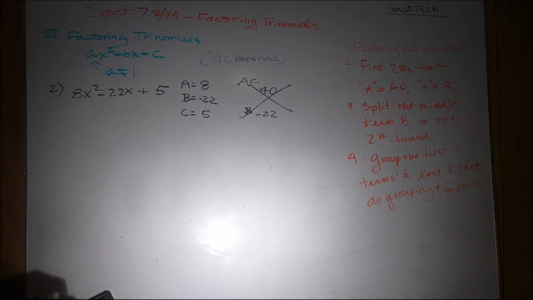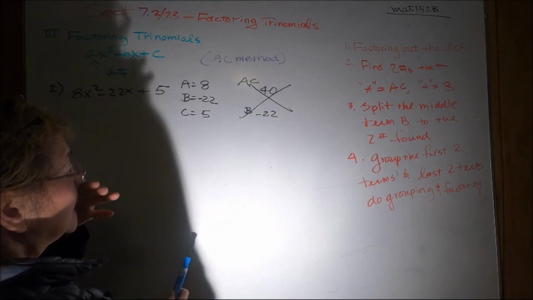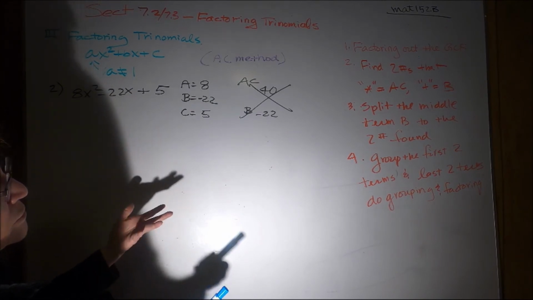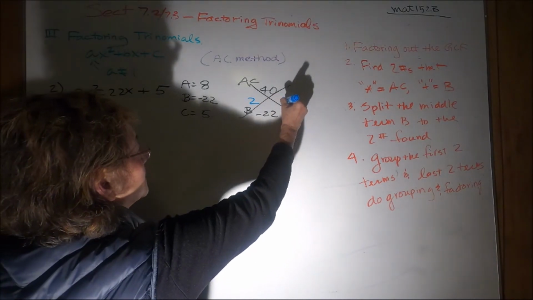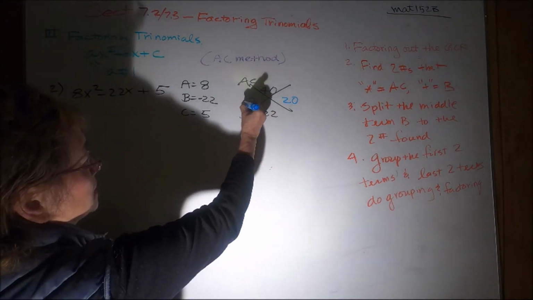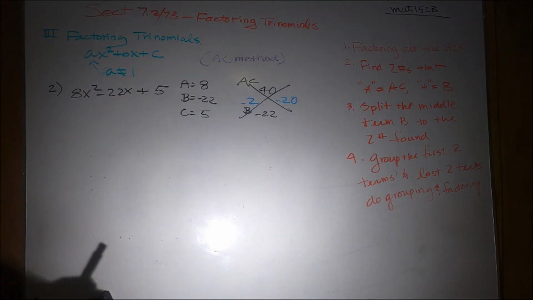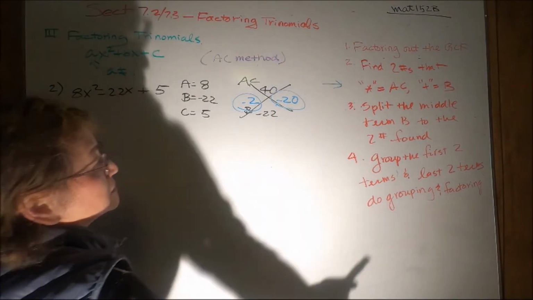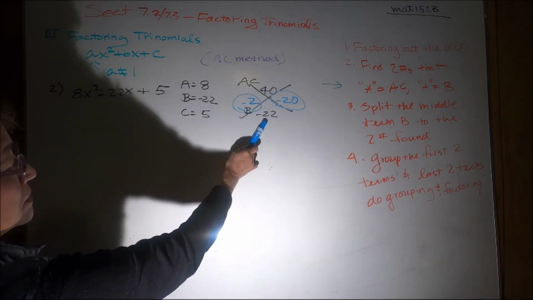Which two numbers? They multiply to 40: 8 times 5, 4 times 10, 2 times 20. So you will have 2 and 20, positive or negative, because added together it has to be negative. So first, you find the two numbers that will work for AC and B.